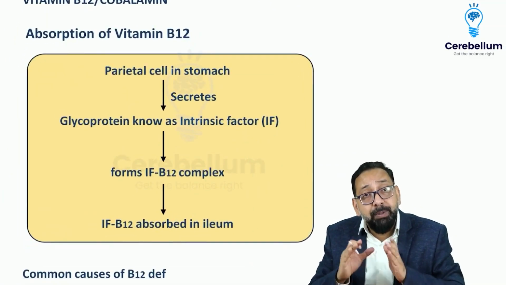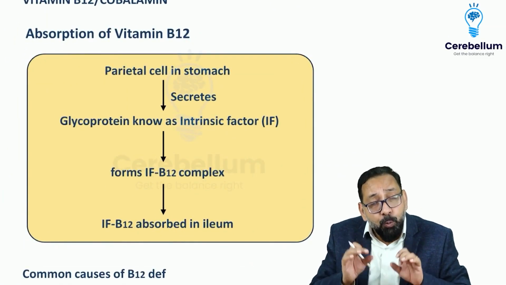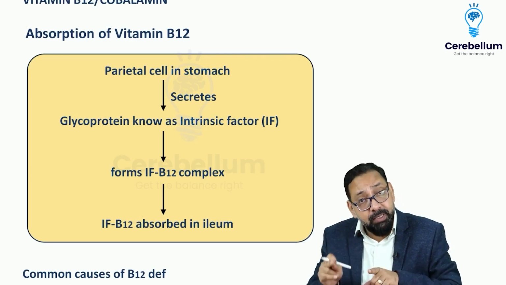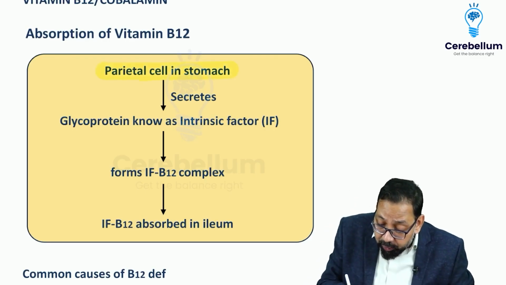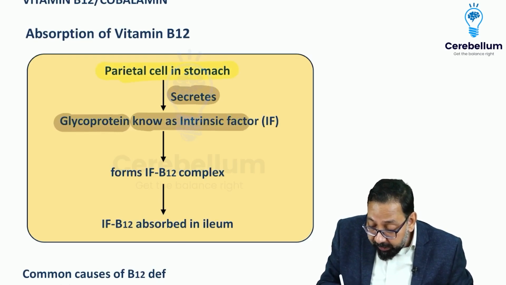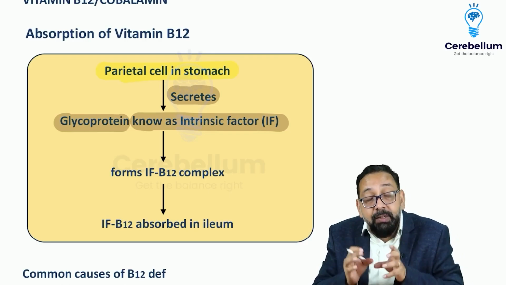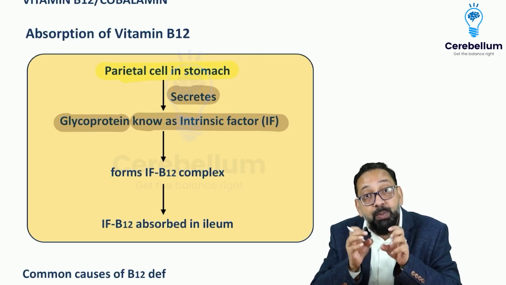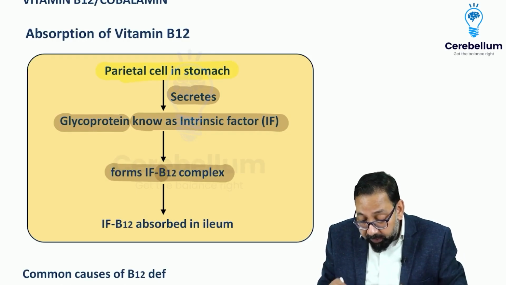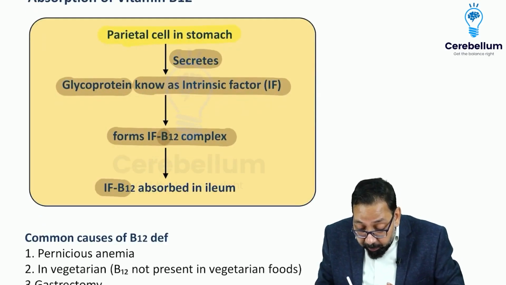Now we come to vitamin B12, cobalamin. Absorption of vitamin B12: in the stomach, parietal cells secrete a glycoprotein known as intrinsic factor. This intrinsic factor binds with B12 to form the intrinsic factor B12 complex, which is absorbed in the ileum.